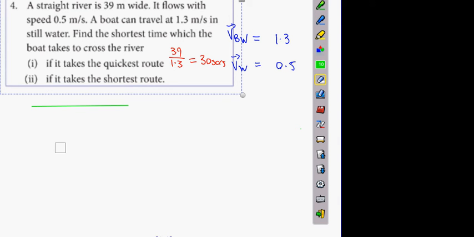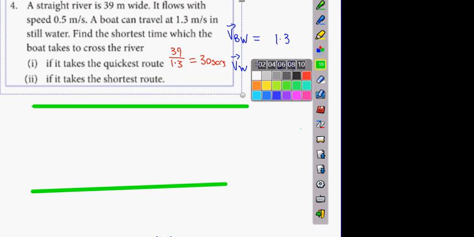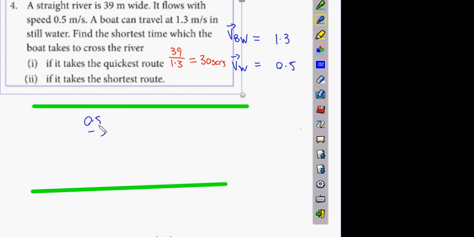So, an example would be, if the stream's going at 0.5, and imagine your top speed was 0.5, if you wanted to go straight across, you'd have to aim 0.5 across, wouldn't you? And you're going nowhere because you have no extra speed to go upwards. You're using all your energy to combat the current.